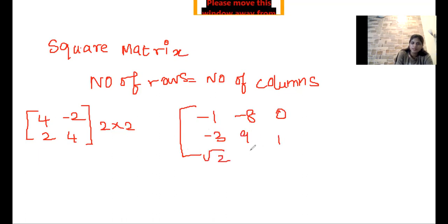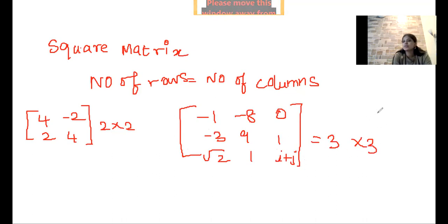Any elements, it can be rational, irrational, complex number also. So this is an example for a 3 cross 3 matrix. And you can call this kind of matrix also a square matrix because the number of columns is equal to the number of rows present in the matrix. Okay, I hope you understand the meaning of the square matrix.